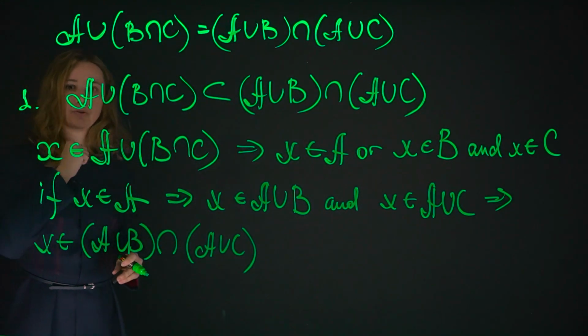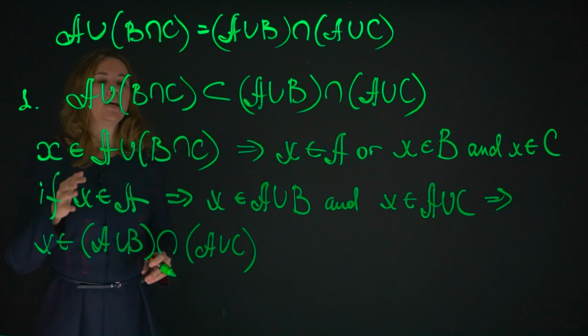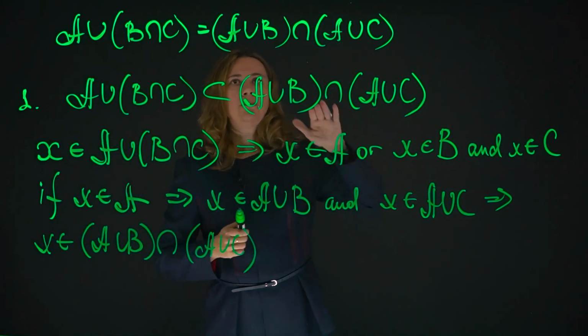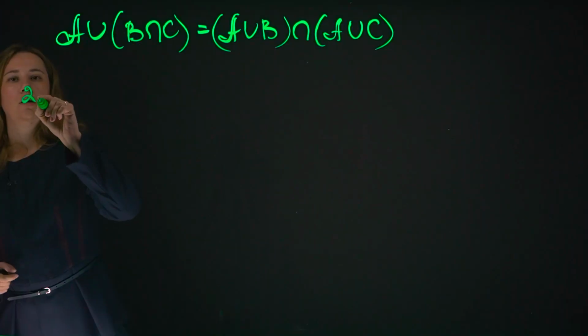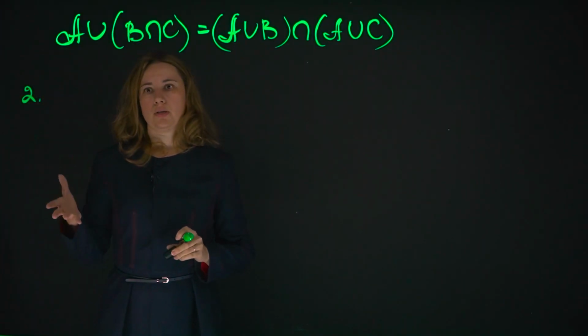So let's move on to the next point and show that my right-hand side is a subset of my left-hand side.